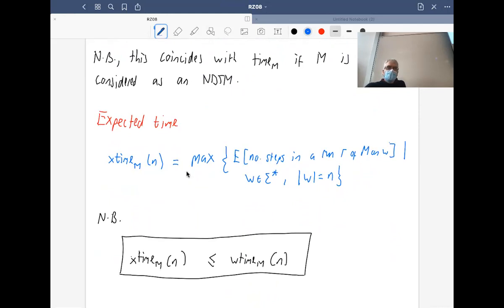We want to say the expected runtime for an input of size n is at most this function. So we maximize over all inputs of size n. This here is an expectation.